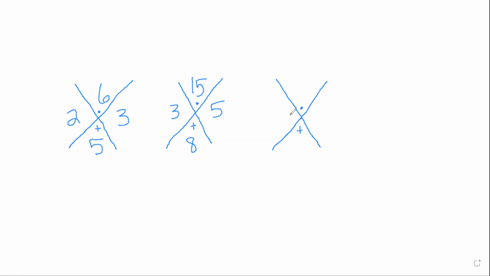This time I'm not giving you either number. Let me think of something real quick that's kind of easy, like 8 and 6. I want to know what 2 numbers multiply to make 8, but add to make 6. The key to this is don't think about this first. What I want you to do is think of everything that multiplies to make 8.